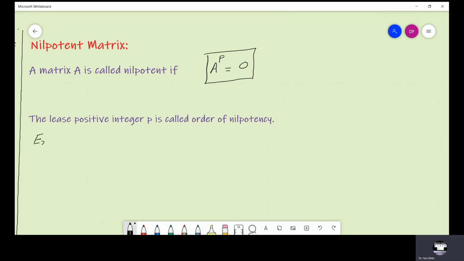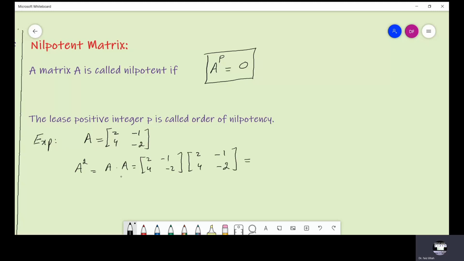Let us see an example. In this example, we have a matrix A which is equal to 2, minus 1, 4, minus 2. Now let us obtain A square. A square is equal to A into A. So let us multiply 2 minus 1, 4 minus 2 with another A matrix, which is 2 minus 1, 4 minus 2.